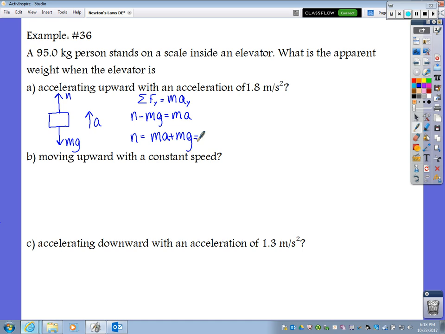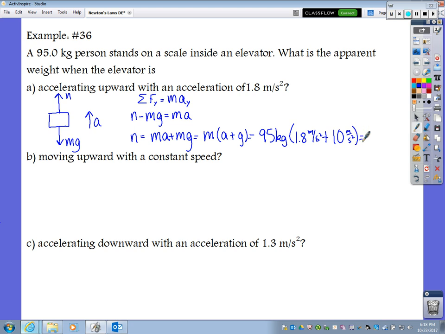So that's going to be mass times acceleration plus g. Mass is 95 kilograms times, I'm using, let's see, 1.8 meters per second squared, plus, I'm just going to use 10 for g, meters per second squared.